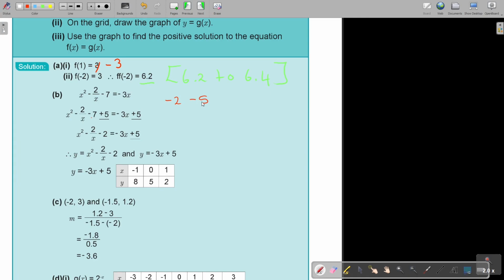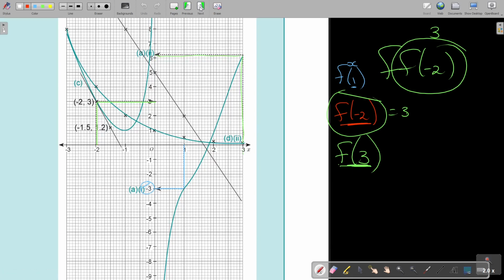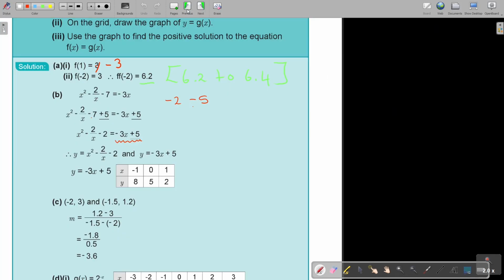But then, basically, I got the same after I simplify, and then I just add 5 on both sides. So I did it a bit different, but at the end, I also come to negative 3x. Let's just go and see. Okay.